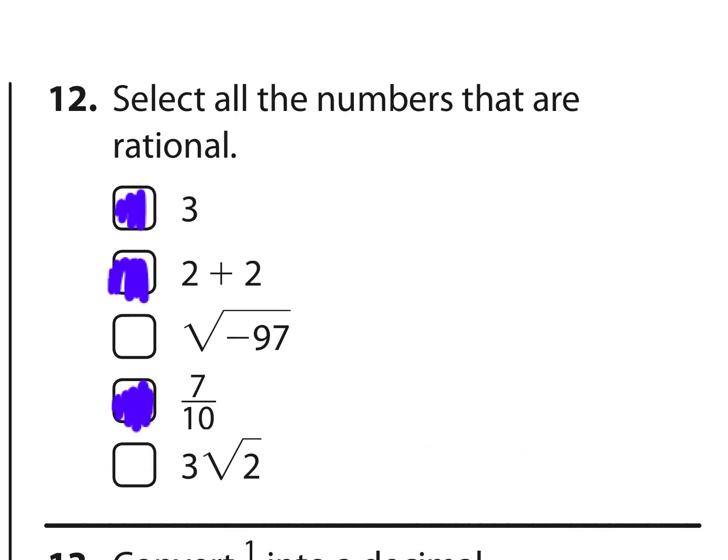Number 12 asks which numbers are rational, so they can be written as fractions. Well, the first one, 3, we could write as 3/1. 2 + 2 is 4, which we could write as 4/1. 7/10 is already a fraction. If you were to take these other two choices and type them in your calculator, if you square root a negative number, you're going to get an error, so it's not a real number.